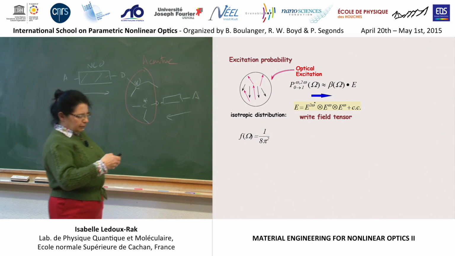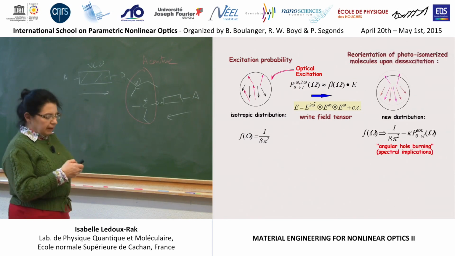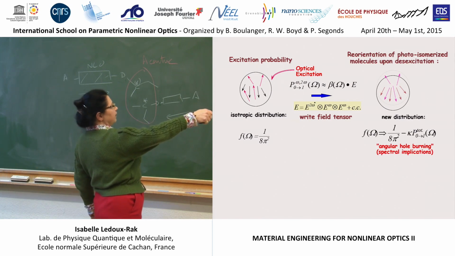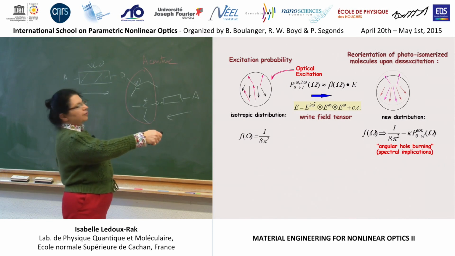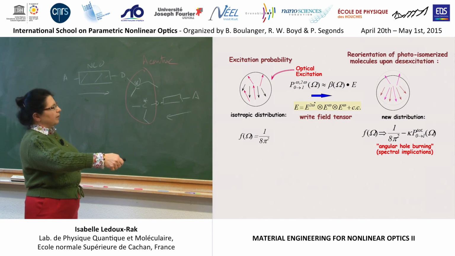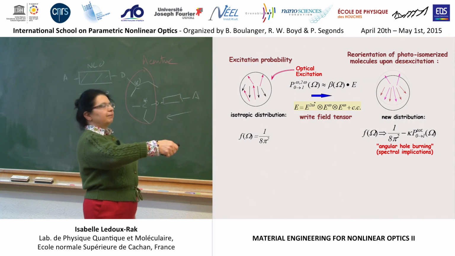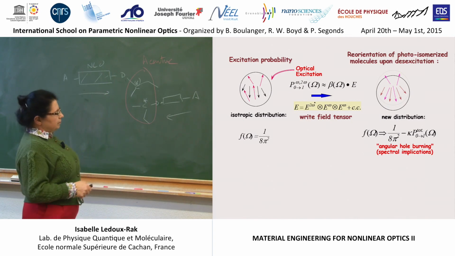This will excite these molecules, and they go to the cis state, and half of them will keep the same orientation upwards, and half of them will relax downwards. As a result, you have more molecules pointing downwards than upwards, and you have a non-centrosymmetric organization here.